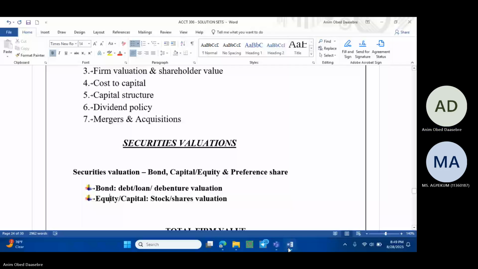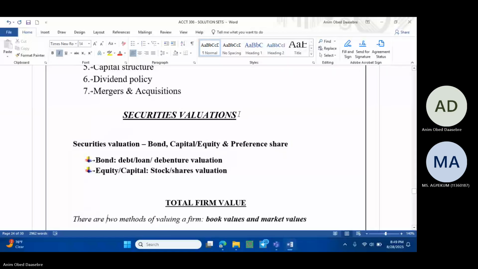Okay. So under security valuation, we learned under the sources of finance, we have two main classes: capital, that is the equity, and the bond.